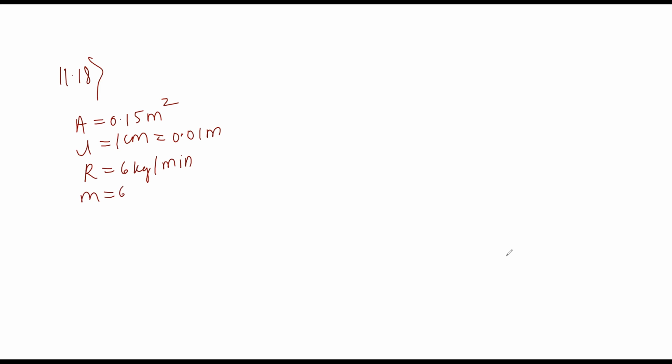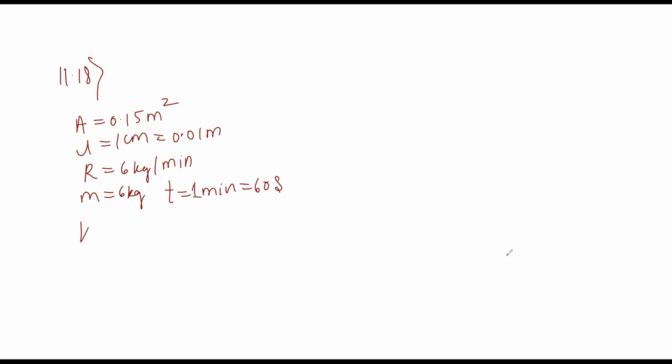First, what they have given: the area of the brass boiler, A is equal to 0.15 meter square. The thickness of the boiler, L is equal to 1 centimeter, which in meters becomes 0.01 meter. The boiling rate of water, let us consider R is equal to 6 kg per minute, that is mass 6 kg and time 1 minute, which is 60 seconds.